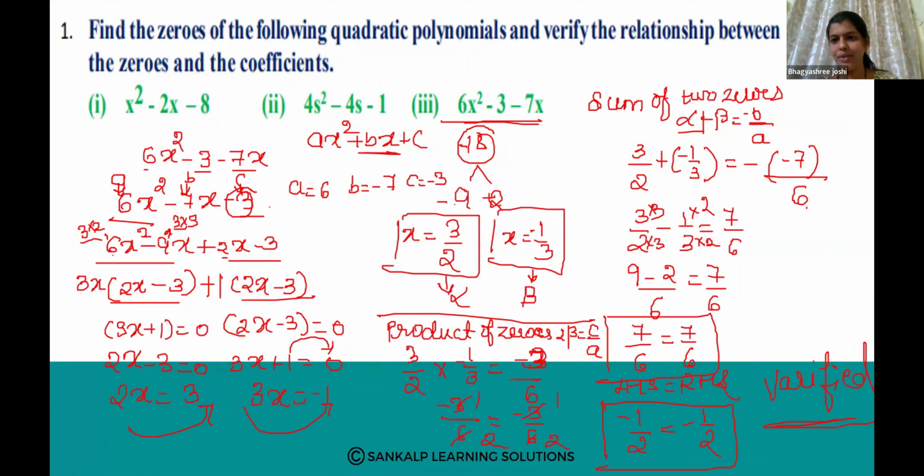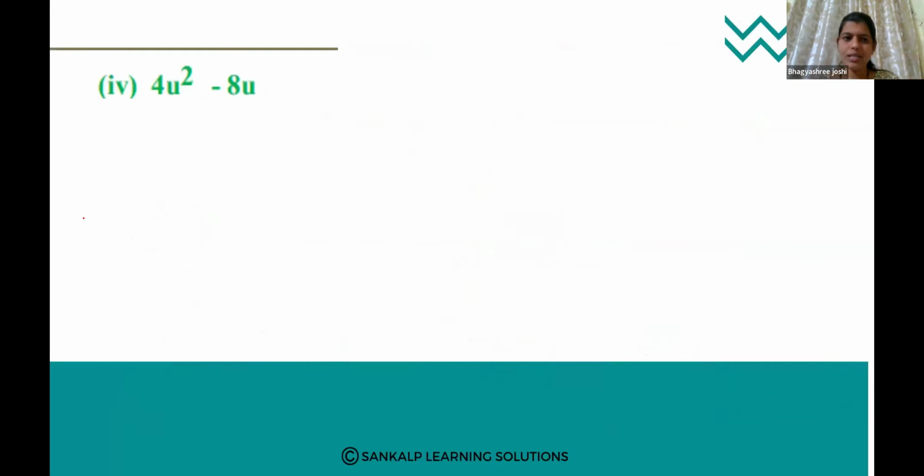That means the alpha and beta values, the sum of zeros and the product of zeros. Okay, we will discuss everything and finally solve the homework. So in today's session, we will solve this problem.